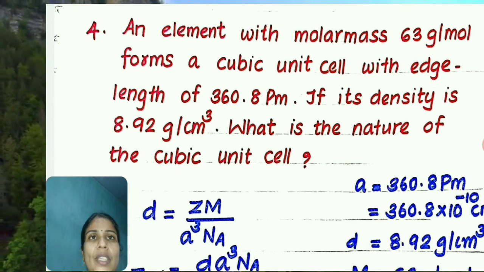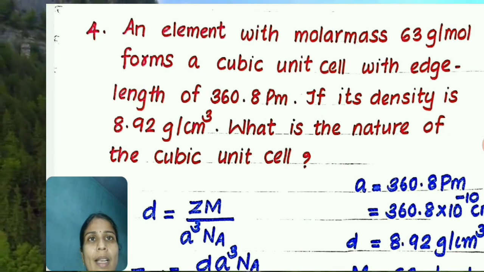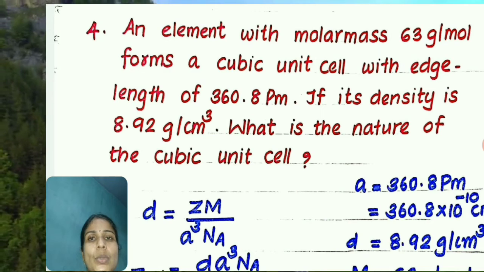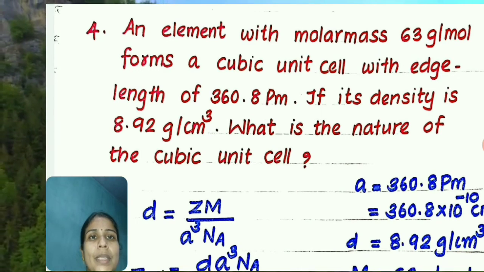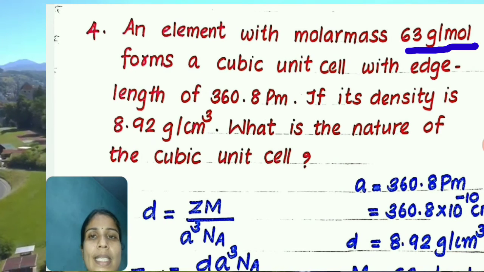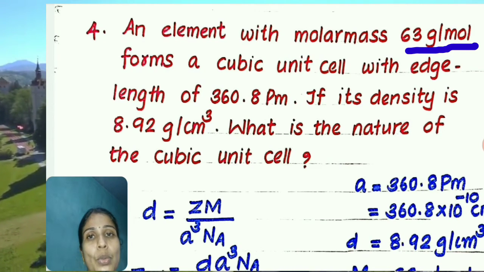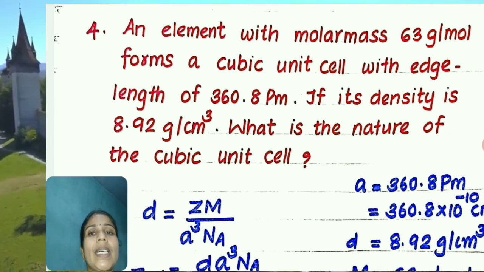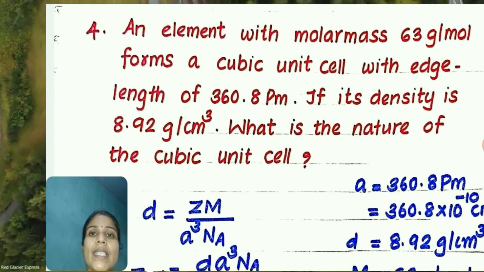So the molar mass is given, M is equal to 63 gram per mole. First you should write the given parameters. Here M is equal to 63 gram per mole. Cubic unit cells are of mainly simple cube or body centered or face centered, any one. The given data is only that it is a cubic unit cell. So we should find out which is the unit cell.